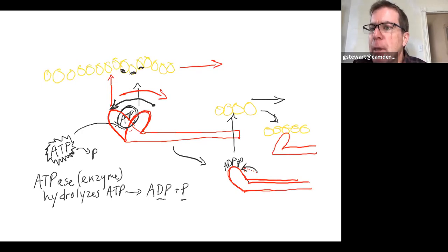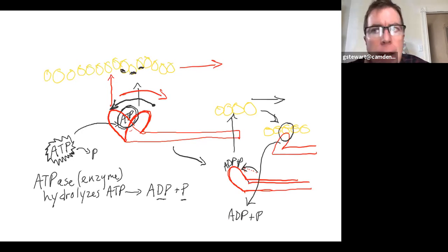The ADP and P then fall off. They leave that myosin head, ADP plus P. But this connection remains, and this binding doesn't unlock until a new ATP molecule attaches to it.